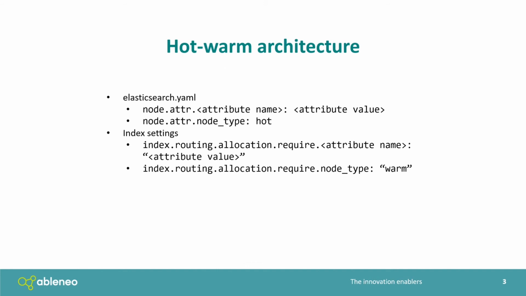To implement the hot-warm architecture, all you need to do is distinguish your hot and warm nodes using node.attr.attribute_name, for example node_type, followed by the actual value. That is, for example, hot or warm. The setting is done in the elasticsearch.yml file on each node of your cluster.